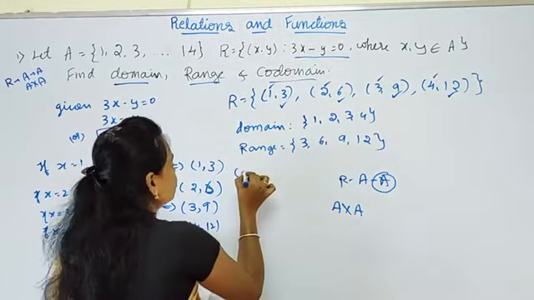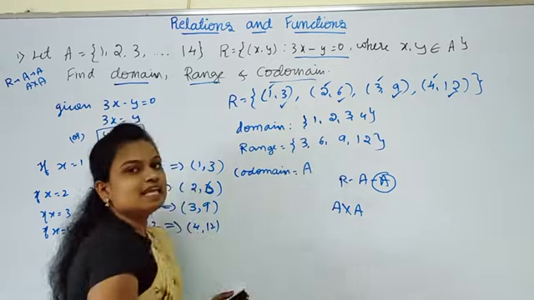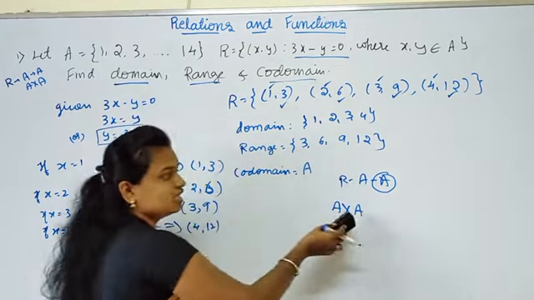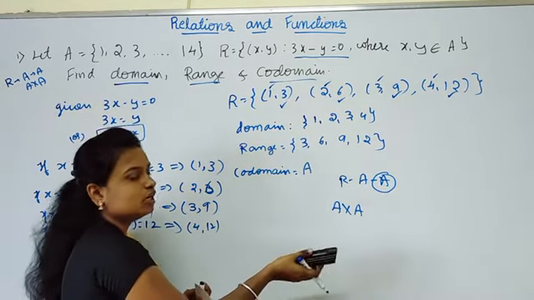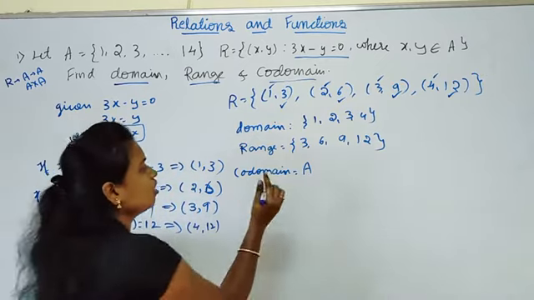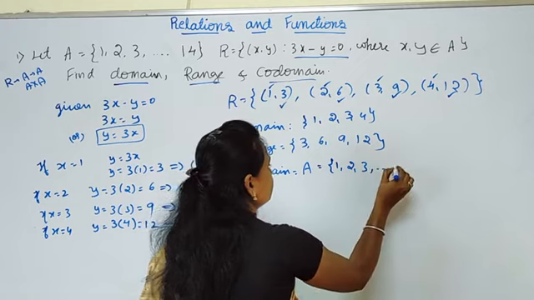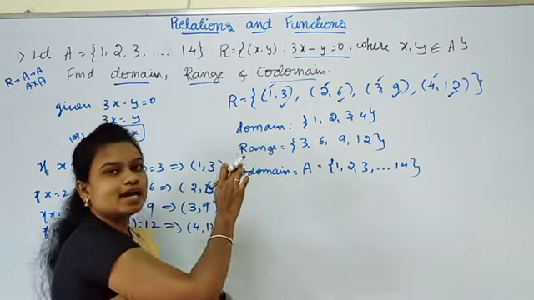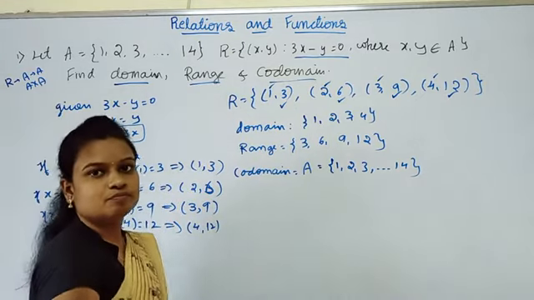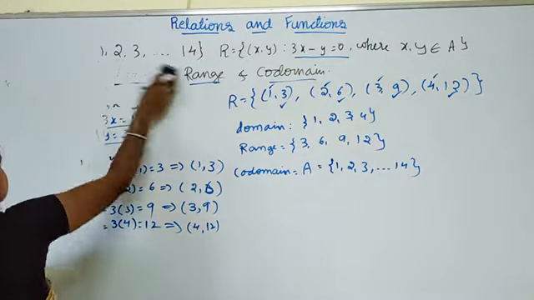Therefore the codomain is the set A itself, that is, 1, 2, 3, up to 14. This is the domain, range and codomain for this relation. Understand? So we move on to the next problem.